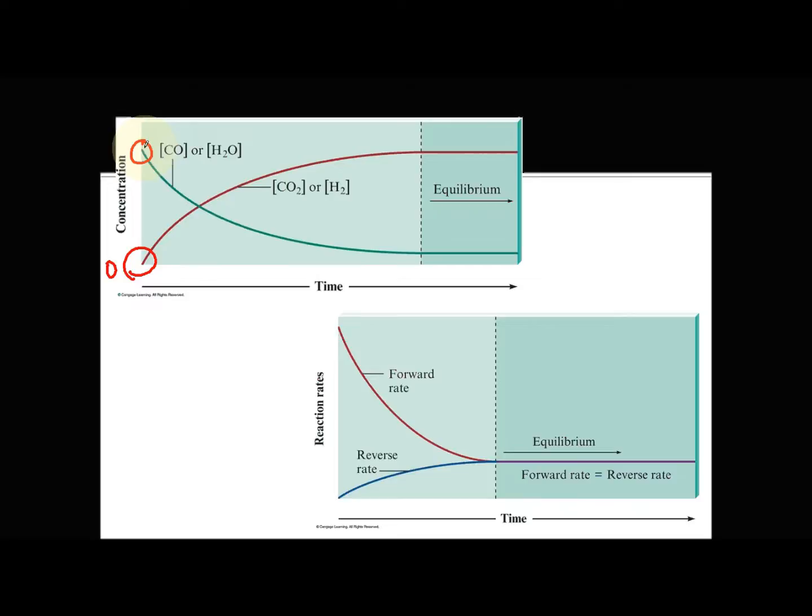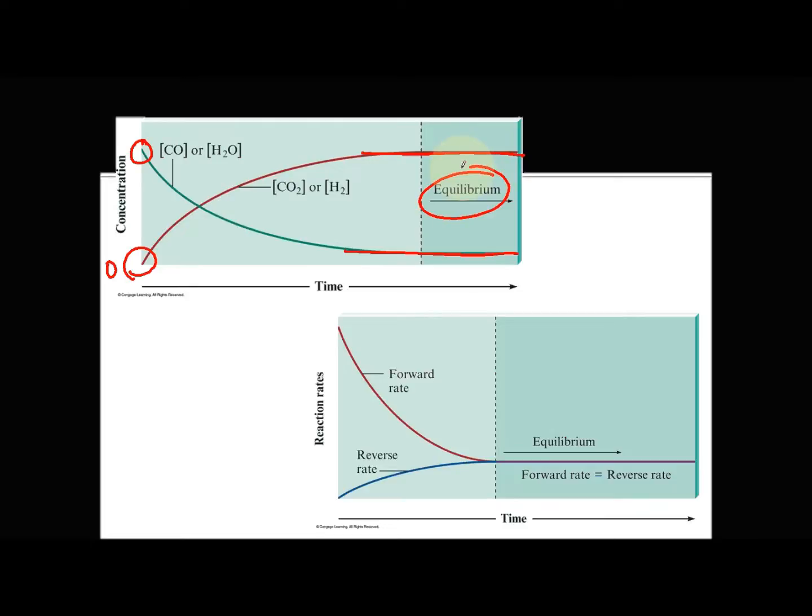As time goes on for the reaction to take place, the concentration of the reactants lowers and the concentration of the products increases, because the reactants make the products. But after some time, the concentrations become constant and they even out. When they even out like that, that's when we reach equilibrium from there on out.